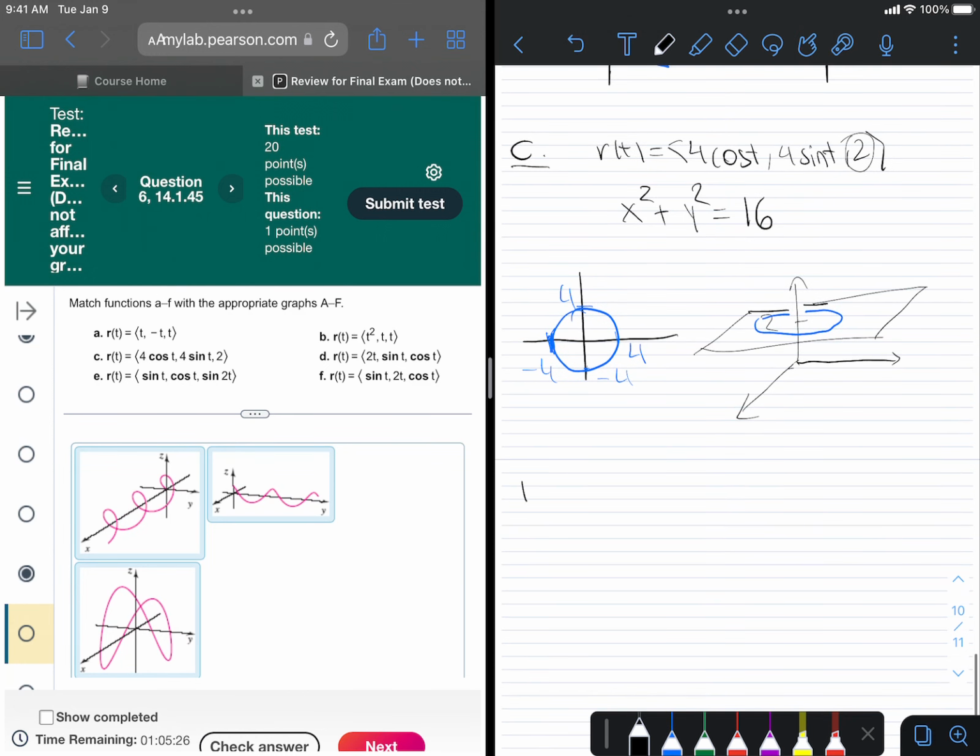D asks me to graph r of t equals (2t, sine t, cosine t). And a similar relationship happens between y and z. That equals 1, so that will be, in the yz plane, a circle of radius 1.